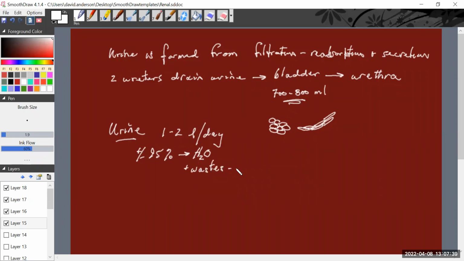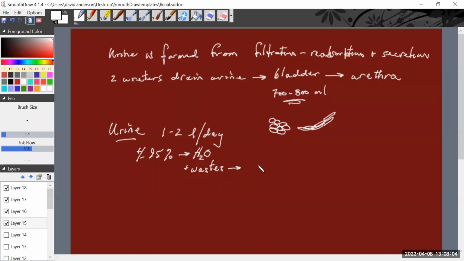Now, wastes are not always defined outright as waste. For our purposes they're considered waste, stuff we can't use. So it might be a small percentage of electrolytes that wouldn't necessarily be typically considered waste, but they are for our purposes because they were excessive for what our needs were at that particular time.